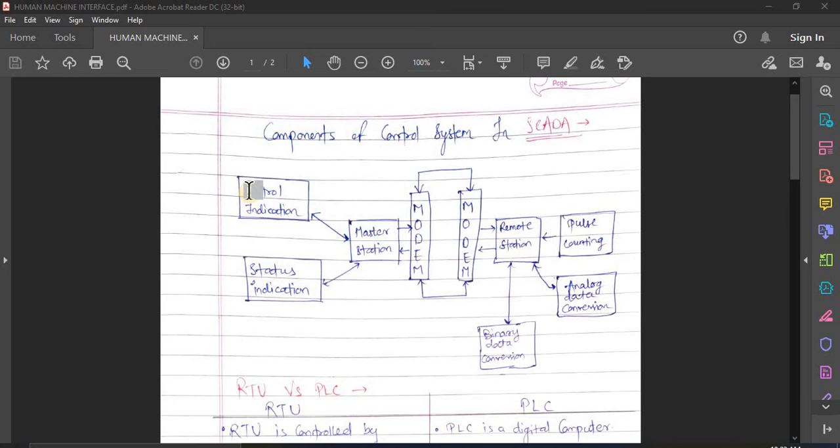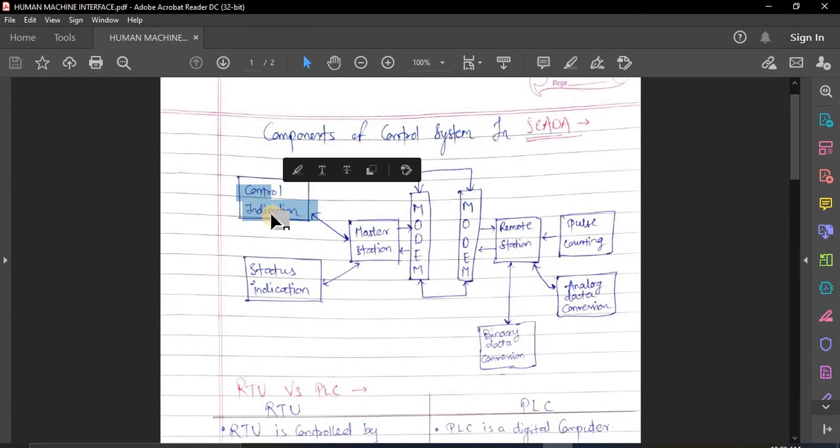The first one is the control indication. This shows what parameters are to be controlled, for example temperature, pressure, flow, level, etc. Then status indication indicates the status of the measured quantities like voltage, frequency, current, pressure, level, flow, etc. The communication between control indication and status indication is a two-way communication with the master station.